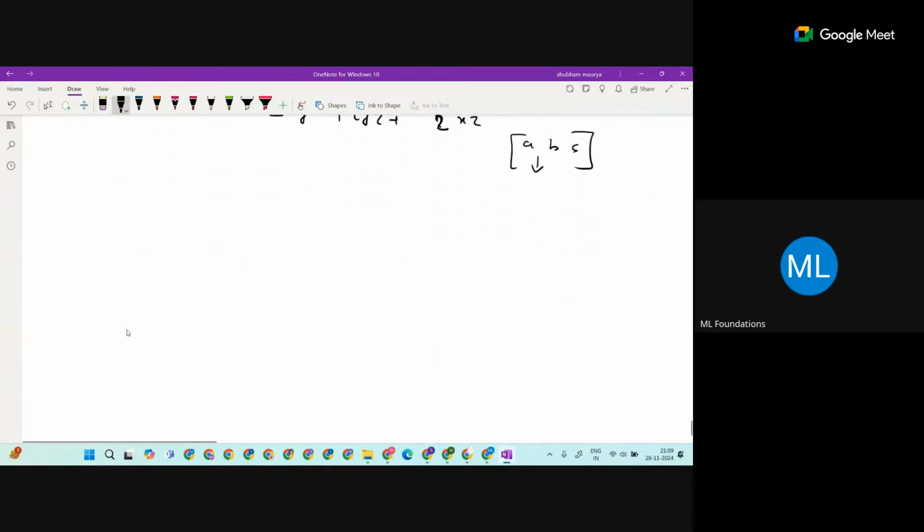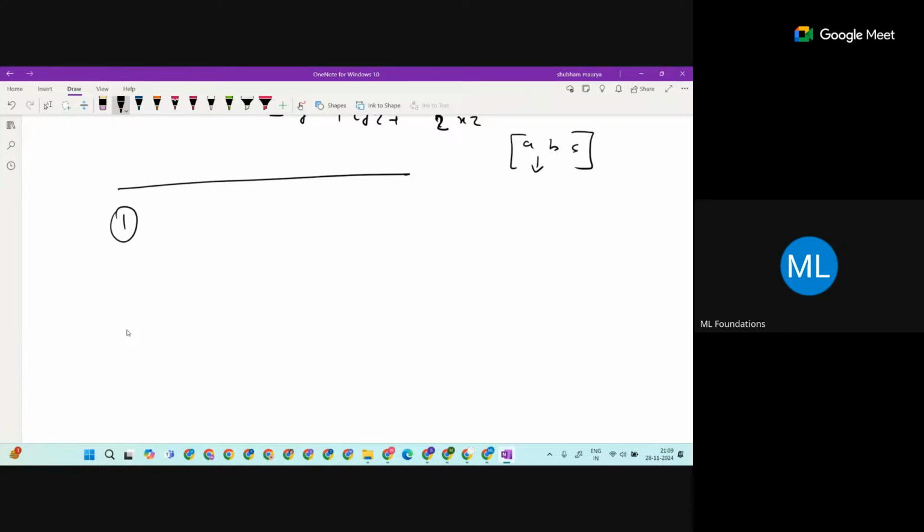And the last one is the unconstrained optimization problem. So unconstrained optimization problems are going to be of either a single variable or double variable.